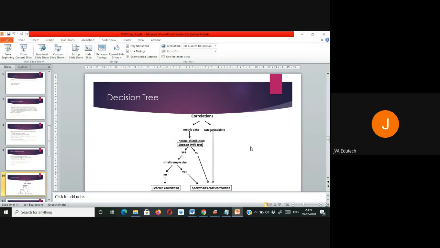If your sample size is small, you will go for Spearman correlation. If your data is categorical, then also you will go for Spearman correlation. If your data does not follow the normal distribution, then also you can go for Spearman correlation. So for conducting Pearson correlation, your data should be metric, that is taken on a continuous scale, interval or ratio. It should follow the normal distribution and the sample size should be large enough.